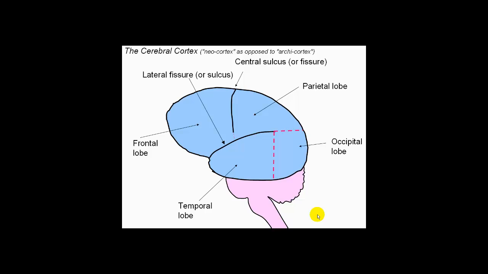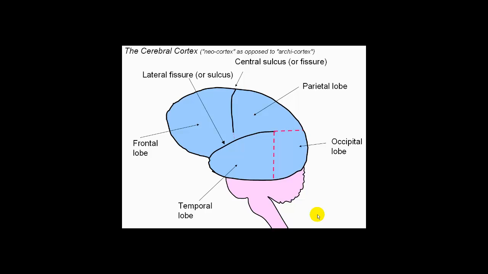The part in front of the central sulcus, all this stuff here, is called the frontal lobe of the cortex. If we draw an imaginary dividing line here from the end of the lateral fissure on back, and then from the top of the lateral fissure on down, we can then talk about the most caudal part of the cortex being the occipital lobe, and the part below the fissure but in front of the occipital lobe is the temporal lobe.